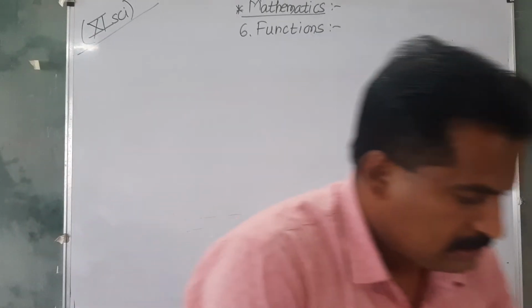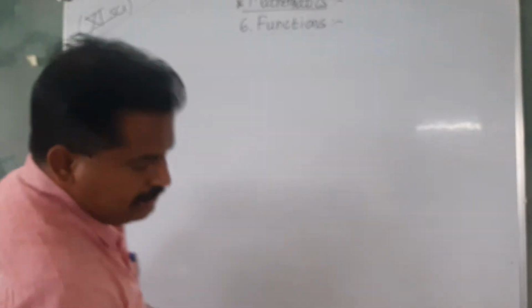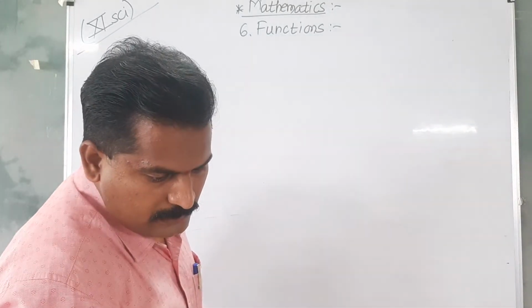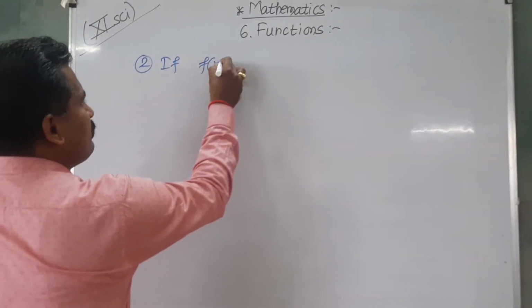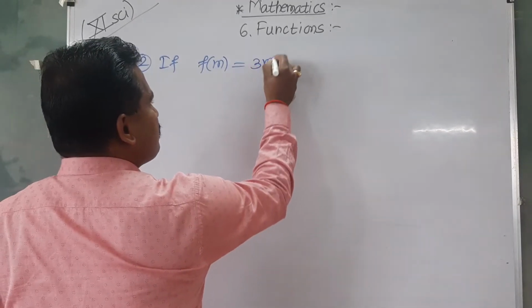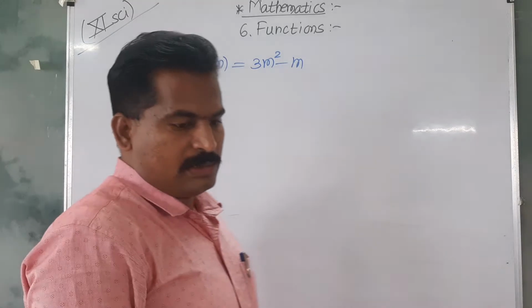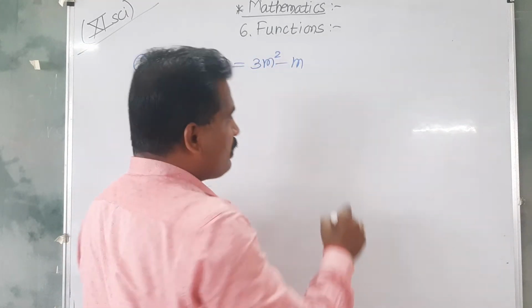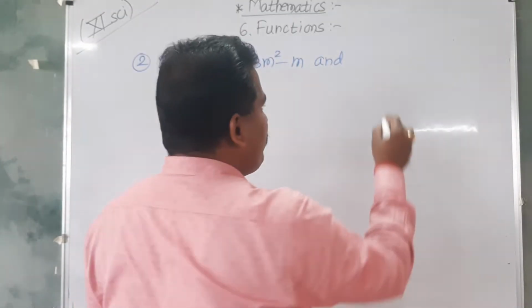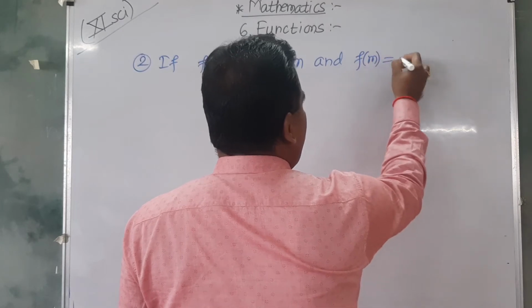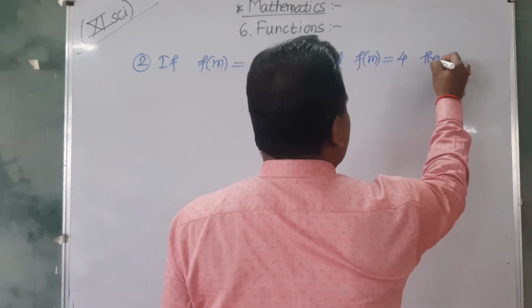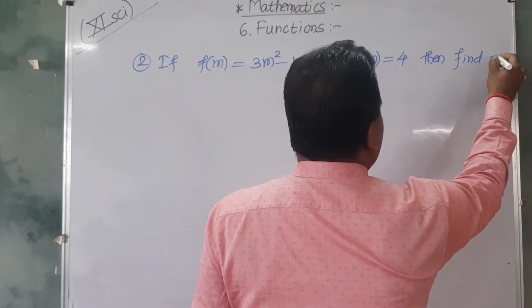There is some difference in the next example. It is, if f of m is equal to 3m square minus m, and f of m is equal to 4, then find m.